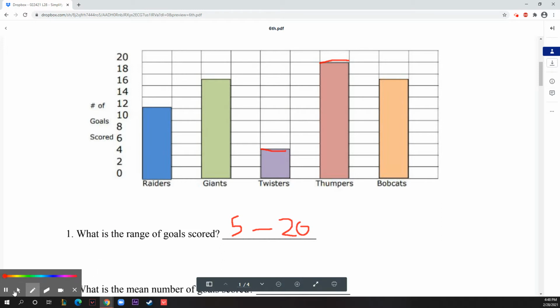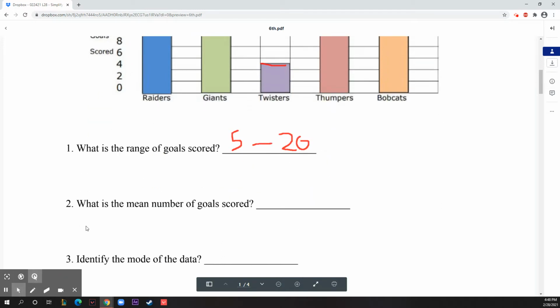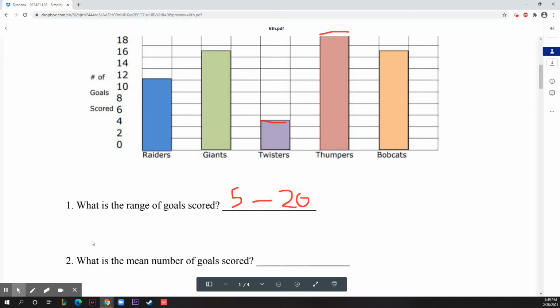Number two, it's asking for the mean number of goals scored. Mean is basically just the average, so you find the average of all of these numbers. Raiders is 12 goals. Giants is 17 goals. Twisters is 5 goals. Thumpers is 20 goals. And Bobcats is 17 again, 17 goals.